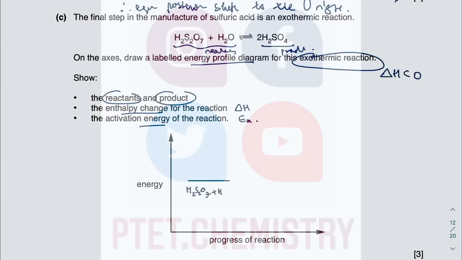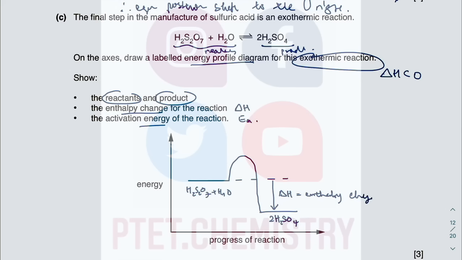H2S2O7 plus H2O. My reactant has lost energy to the surroundings. That's why the enthalpy change from the start to the end, from the reactant to the product, is a one-way arrow. Do not draw a double-headed arrow, it doesn't make sense at all. So make sure you write the product as well. So there's delta H equal to the enthalpy change.